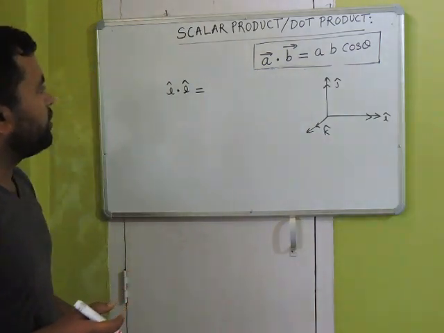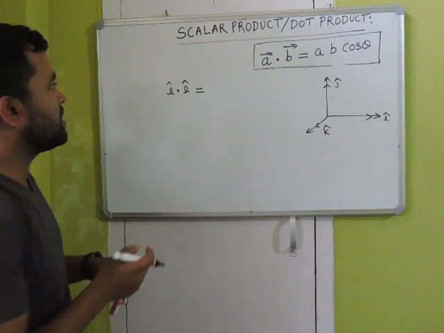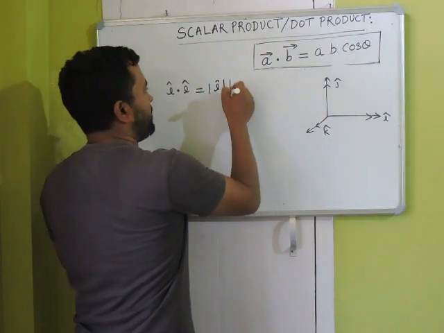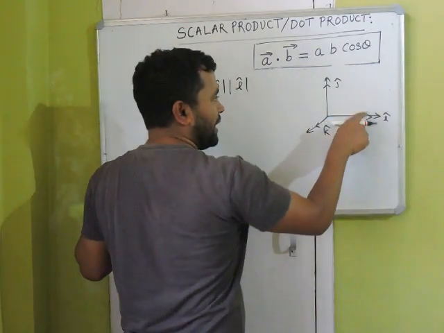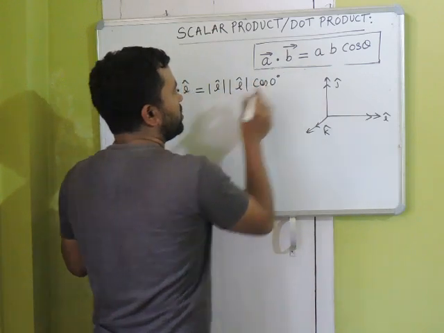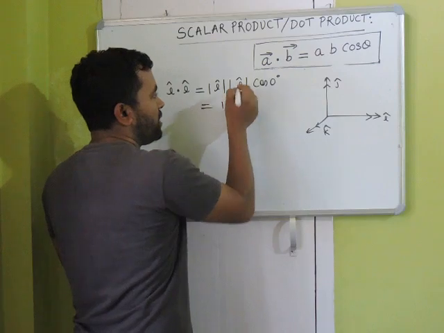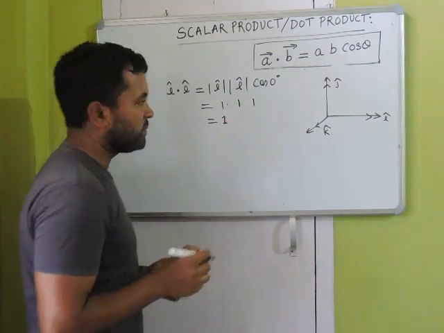Now by definition A dot B is magnitude of A, so this is magnitude of i cap, magnitude of i cap again. What is the angle between i and i? They will be parallel, angle between them is 0, cos 0 is 1, magnitude of unit vector is 1 only, so i dot i turns out to be 1.